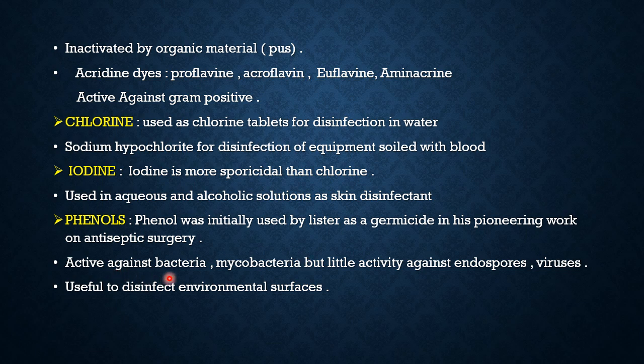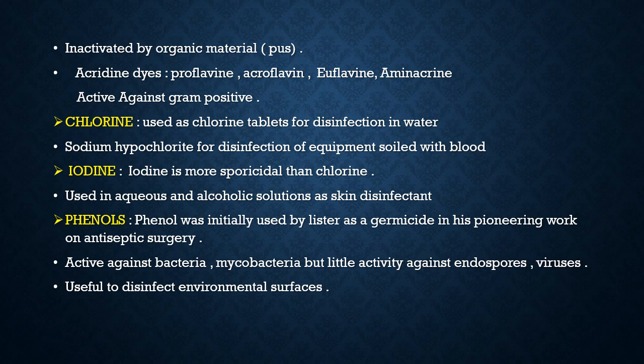It is active against bacteria, it can kill mycobacteria, a small amount of endospores, and viruses, and it is useful to disinfect environmental surfaces. Environmental surfaces include floors, walls, furniture, medical equipment, door knobs, light switches, and all those things.